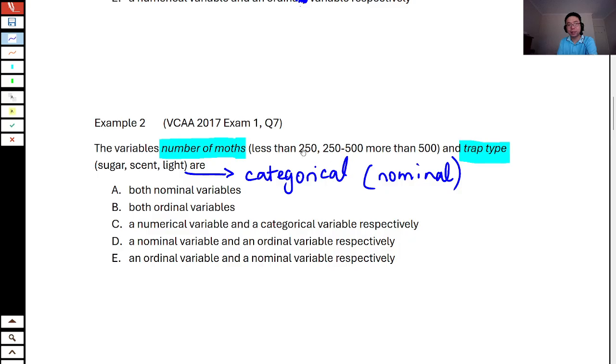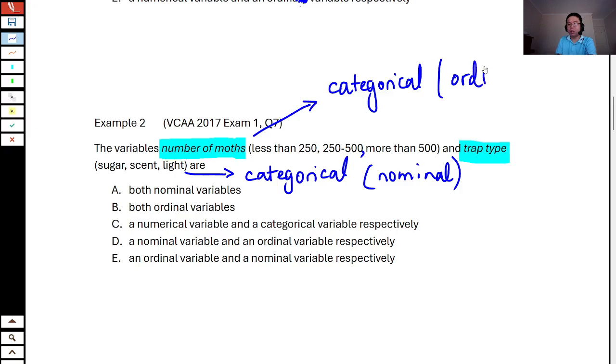However, we've got to be careful here, because although we have a number, the way it is being reported is in categories. There are 3 categories: below 250, between 250 and 500, and above 500. And so this is also a categorical variable. I no longer have the raw counts of moths.